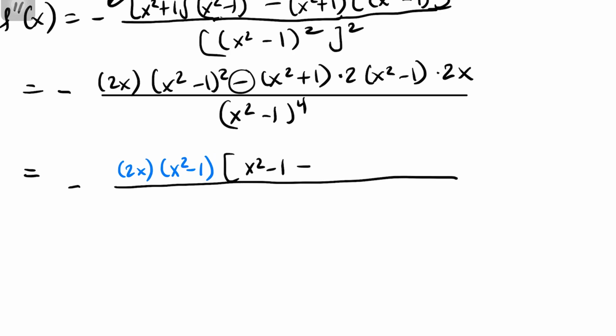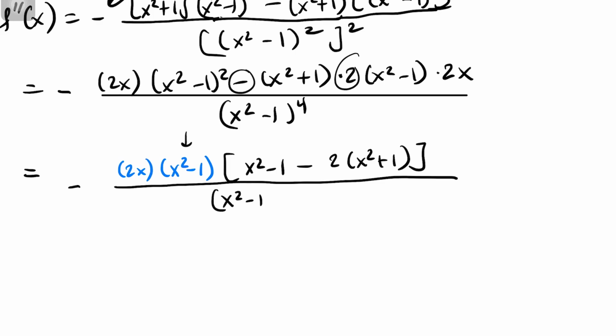Followed by the minus, and then followed by x squared times 2, right? So 2 times x squared plus 1. So this and this, right? Because we removed these two, we factor these two. Let's close the bracket.